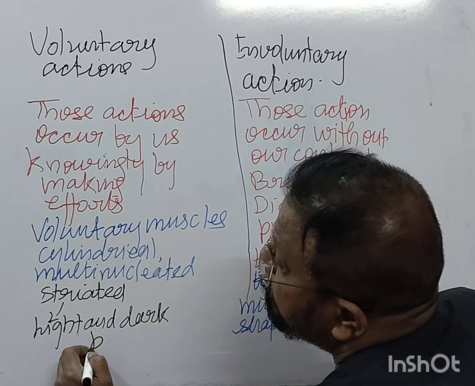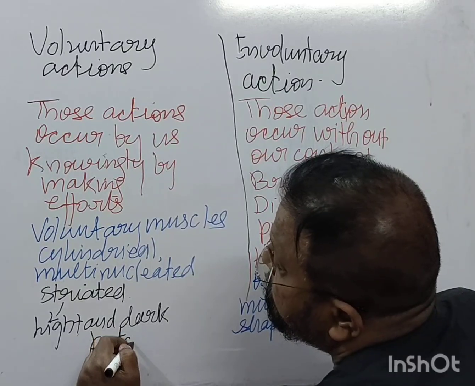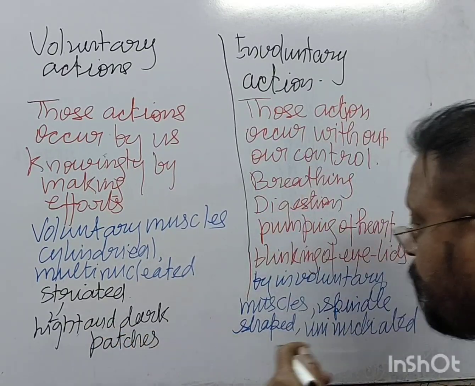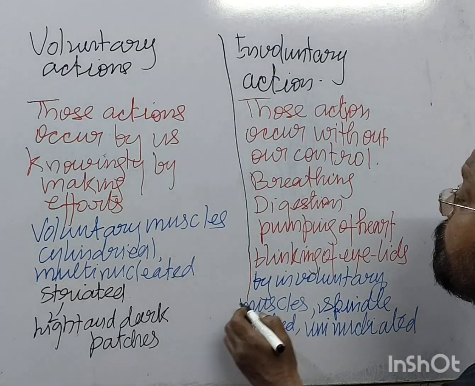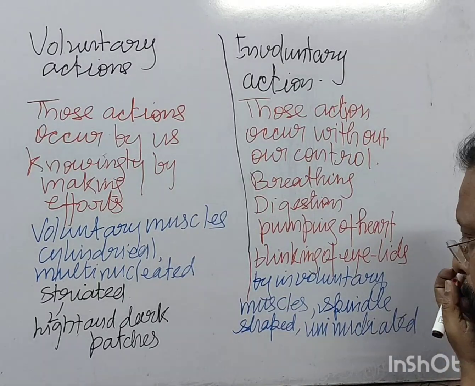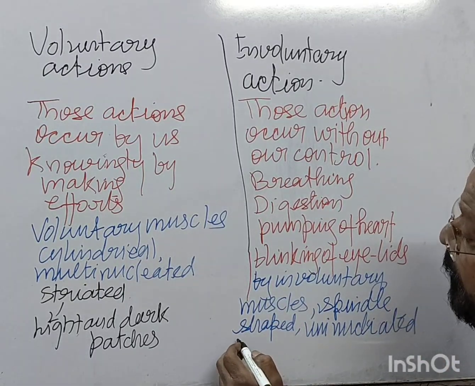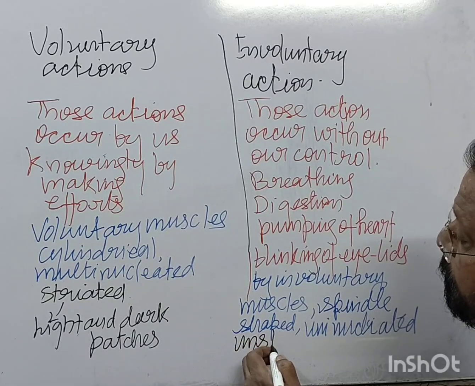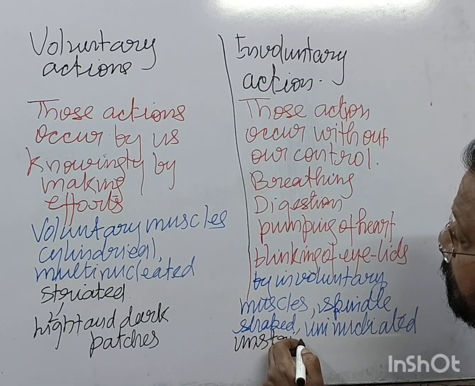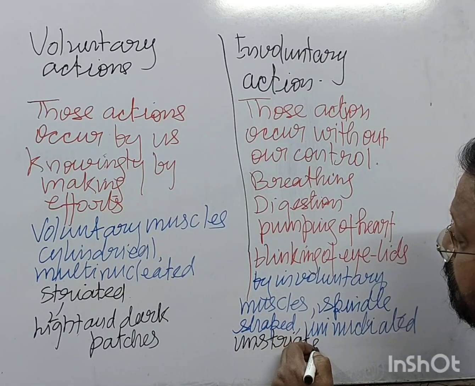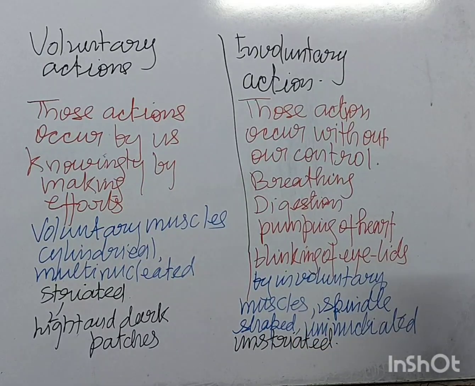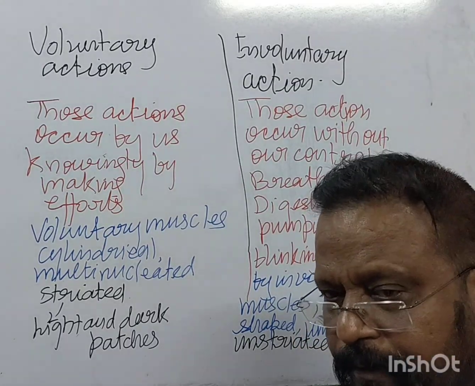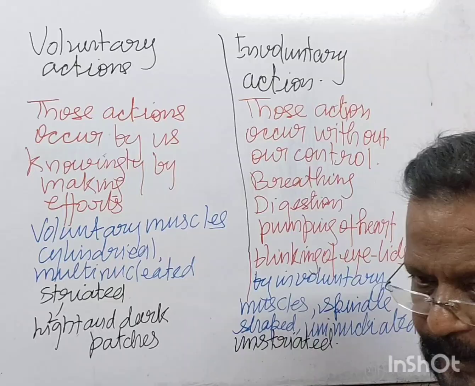Right? And these are unstriated. Voluntary muscles are striated, and involuntary muscles are unstriated. Okay?